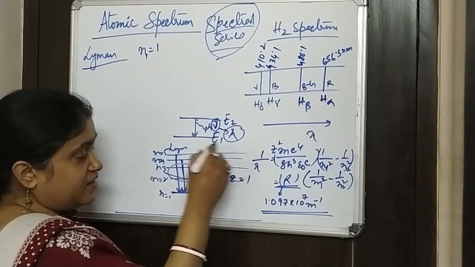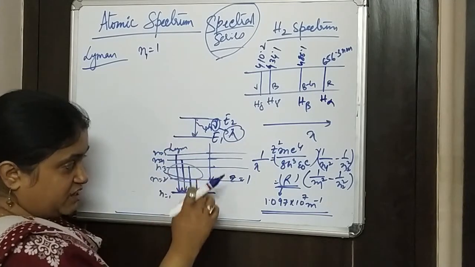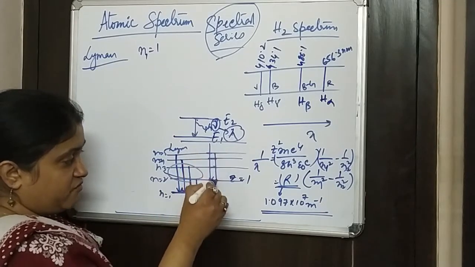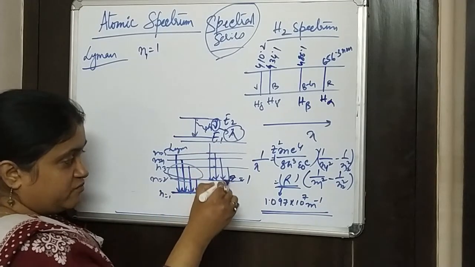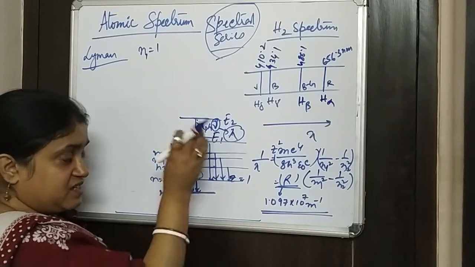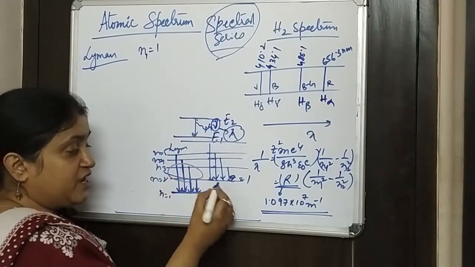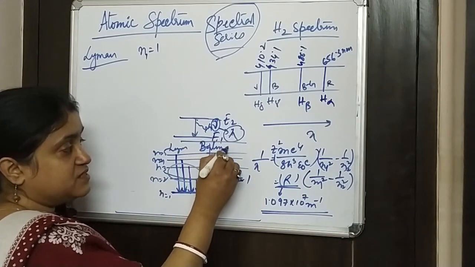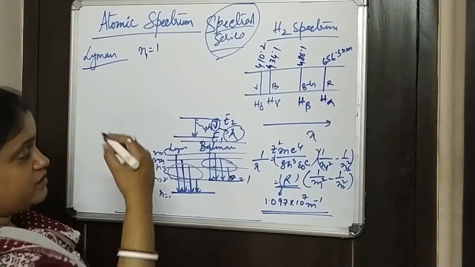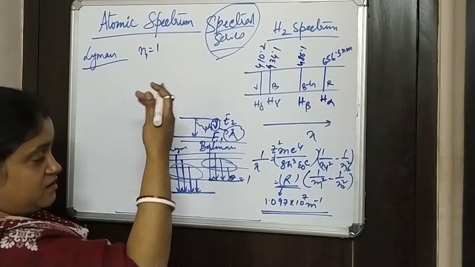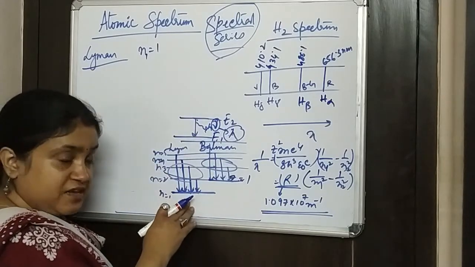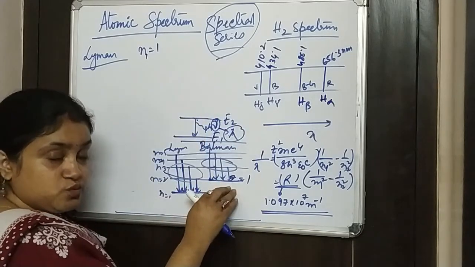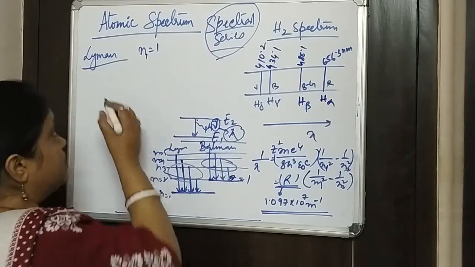When from any higher level the electron jumps to the second level, so it can be from 6, from 5, from 4, from 3, everything that jumps from a higher level to n equal to 2, this set we call the Balmer series. So when from any higher level electrons jump to the first level, we call it Lyman series. From any higher level, when they jump to the second level, we call it Balmer series.